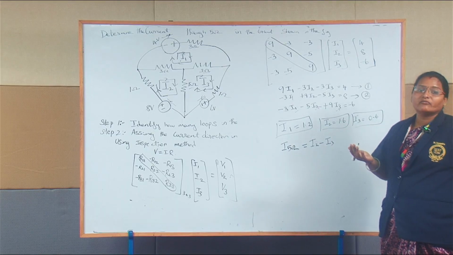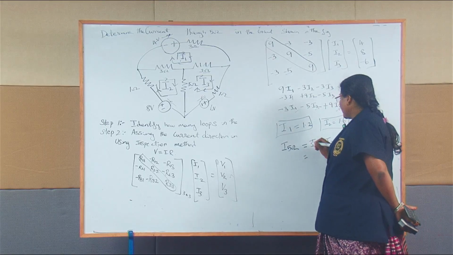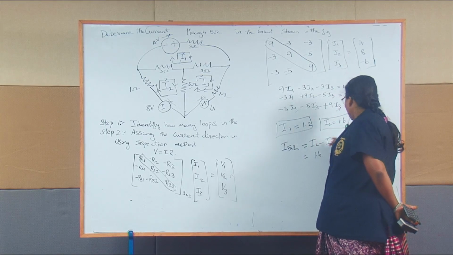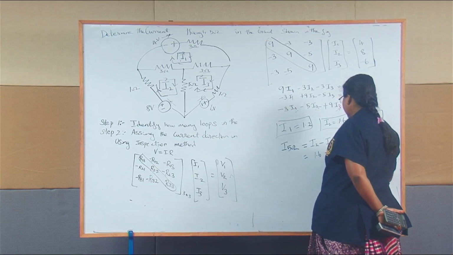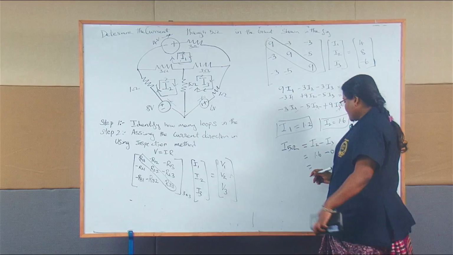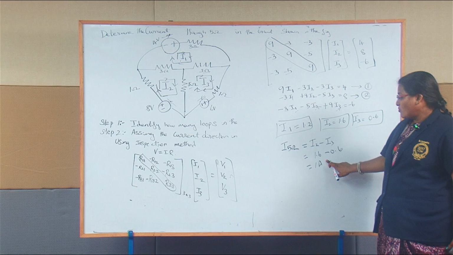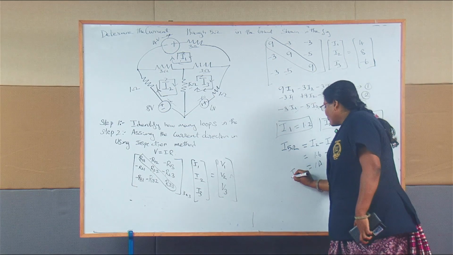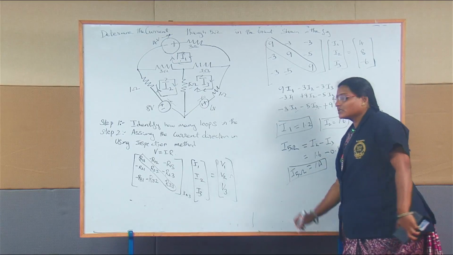Only the sign will differ, the magnitudes are the same. So I2 is 1.6, I3 is 0.6. 1.6 minus 0.6, so I5 ohms equals 1 amp.